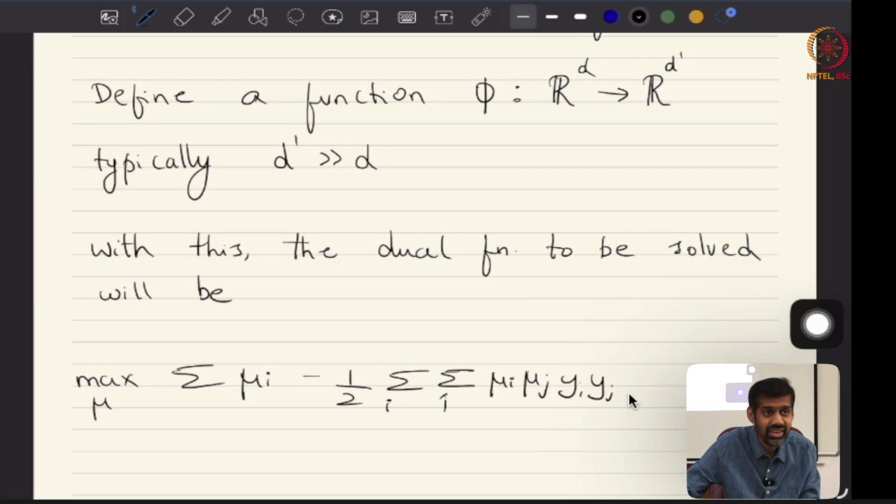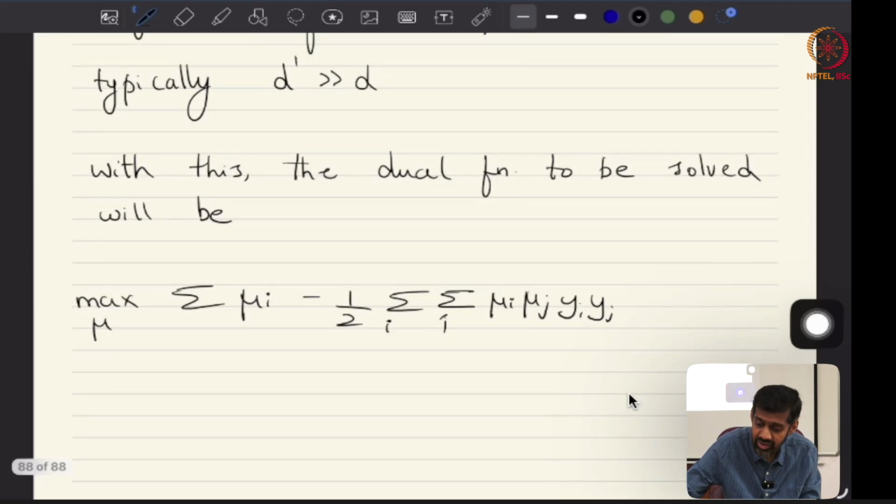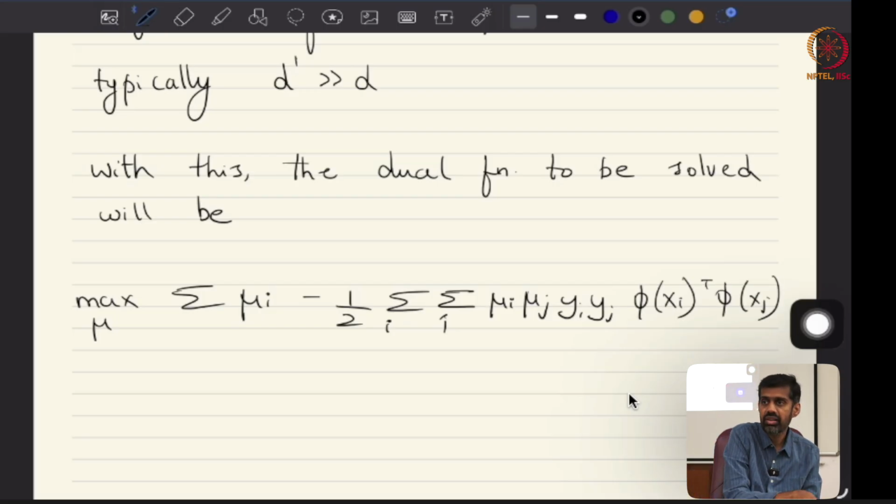Now we will not have xi transpose xj, we will have phi of xi transpose phi of xj, correct. So this will be the problem that we will be solving. Does it make sense?